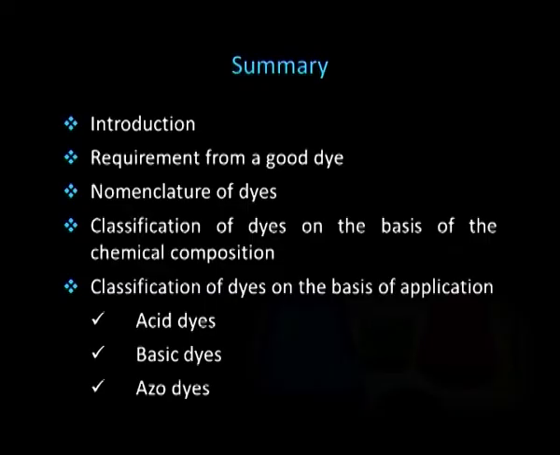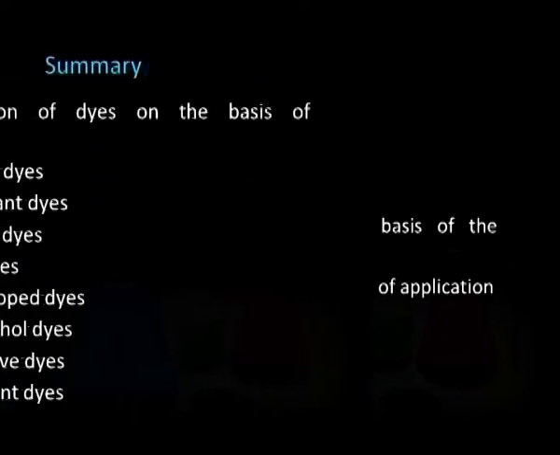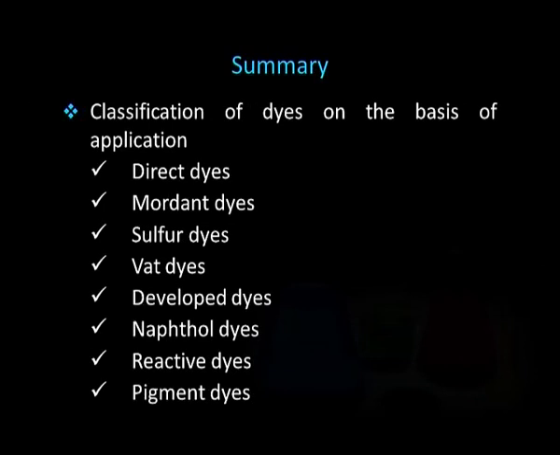So this is a very unique way of classifying the dyes for the purpose of dyeing by the dyers. With this method of classification, you will be able to understand various types of application of dyes onto the fiber or fabric or synthetic materials.